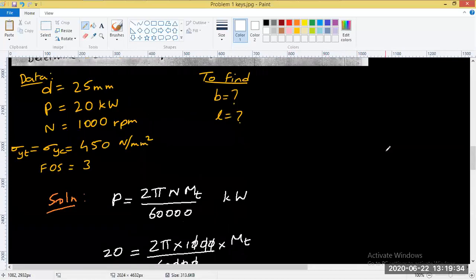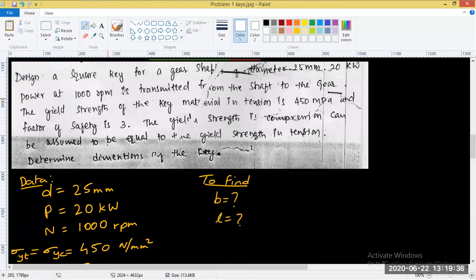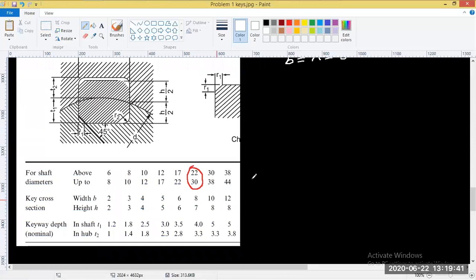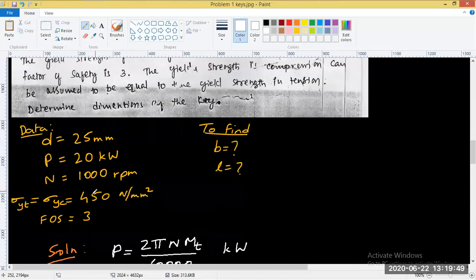So the question clearly states that it is a square key, right? So if it was rectangular, you would take whatever is given here, 8, 7. But see here, length is not given. So since length is not given, you need to find length using the crushing stress or whatever stress value you have. The crushing stress is not given here. Right? So since crushing is not given, you need to use the shear stress value.